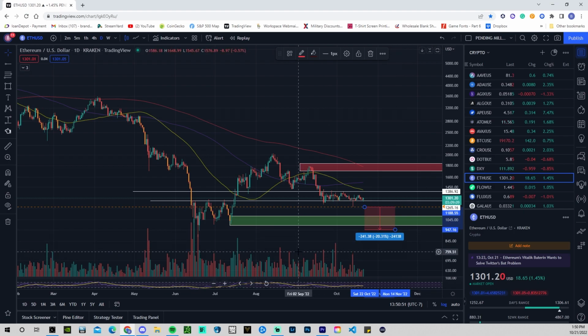I feel comfortable if ETH reaches anywhere in that 947 from 1188, it's roughly, what, $241 difference. I'm cool with going ahead and putting in another 20% or maybe 30% just so I can have a little bit more than what I put in previously. Makes sense? So now I have 50% of my budget left, $500. So let's go from there.